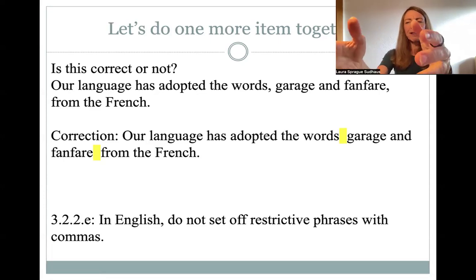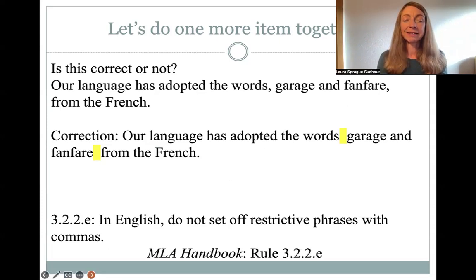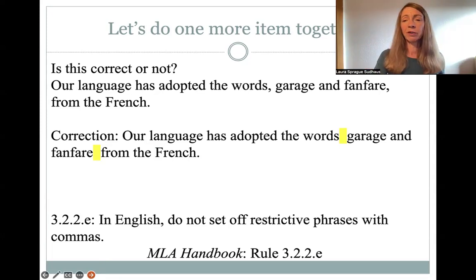If you put commas around, it means you can just take out those words, but it wouldn't make sense. That is MLA Handbook Rule 3.2.2.e. So you could write the number for the rule, or you could just try to write in your own words what the rule is. Okay.